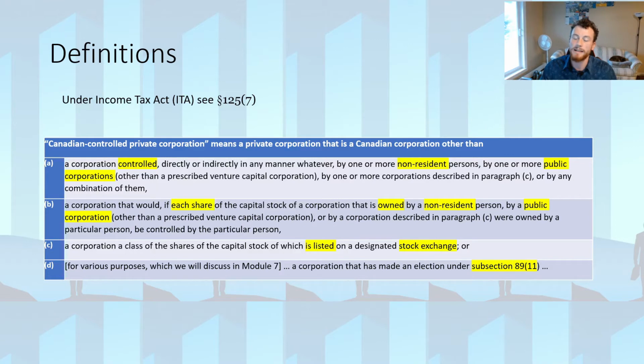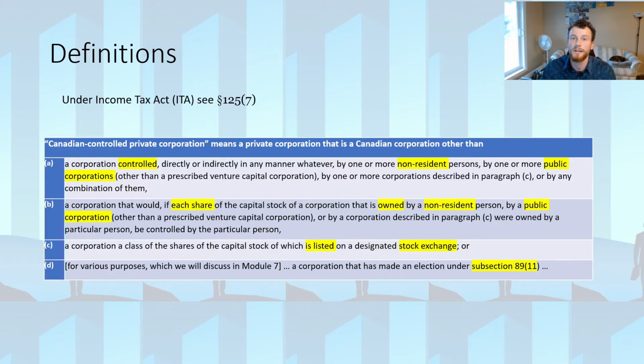The second part B refers to the control being directed at what if every share of the corporation is owned by a non-resident or a public corporation, which we'll discuss further when we talk more about control. The shares cannot be on a stock exchange.